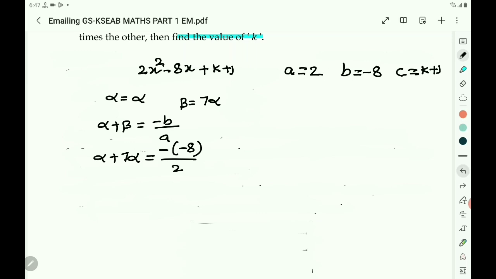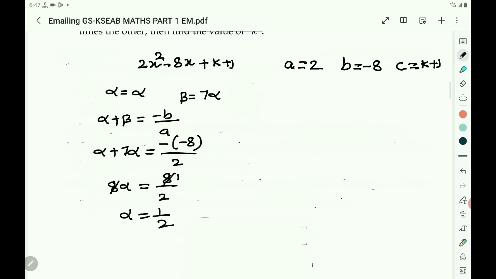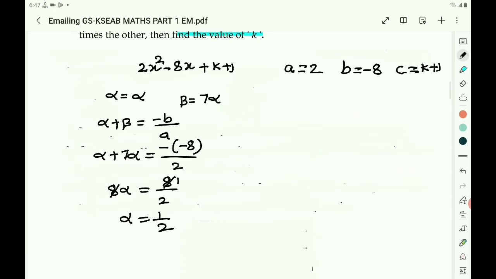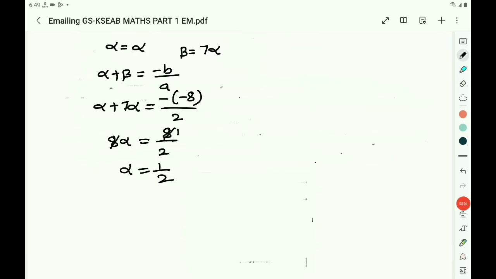Alpha plus 7 alpha is 8 alpha. 8 alpha equals 8 by 2. You can cancel 8. So you got alpha equals 1 by 2. Then beta equals 7 alpha, which equals 7 into 1 by 2 equals 7 by 2.